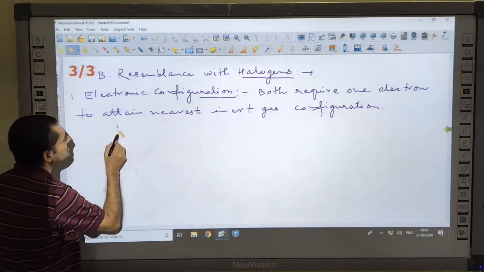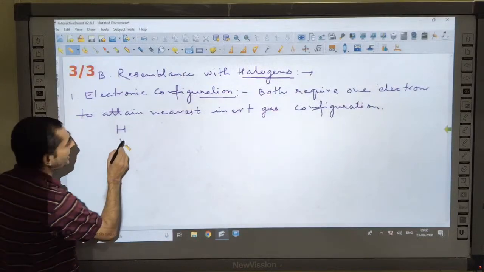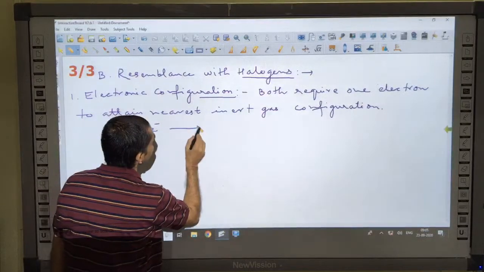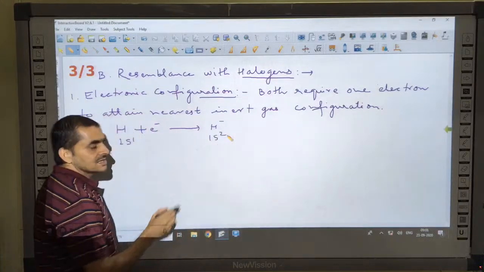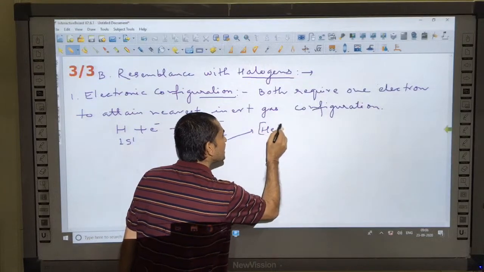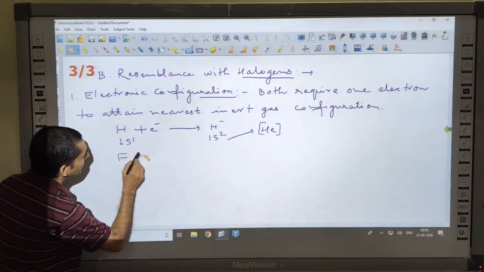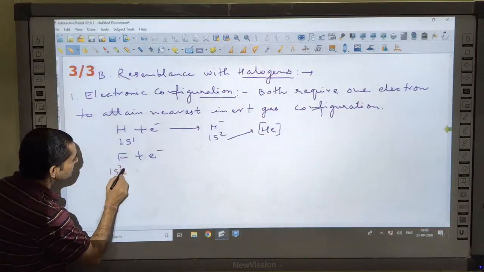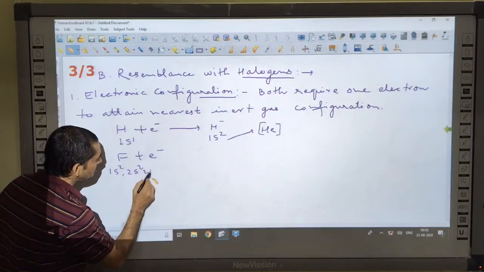Suppose I am writing hydrogen. Its electronic configuration is 1s1, and when it takes this electron, it converts into H negative. Its electronic configuration is 1s2, and this 1s2 is the electronic configuration of helium. Similarly, fluorine also requires one electron. Its electronic configuration is 1s2, 2s2, 2p5.